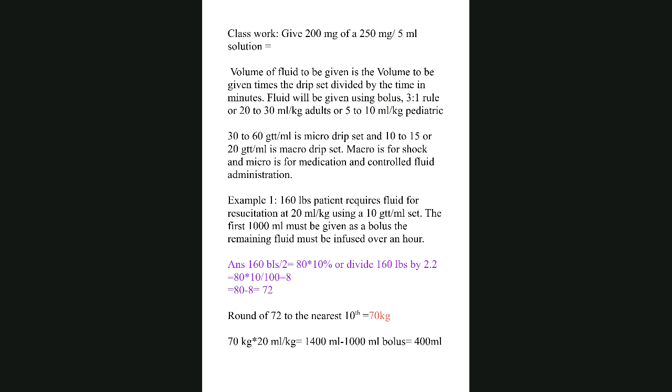Use your formula: volume to be administered times the drip set, which is 10 drops per mil, divided by the time in minutes. What would be your drip rate per minute?